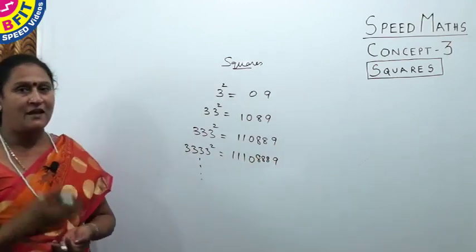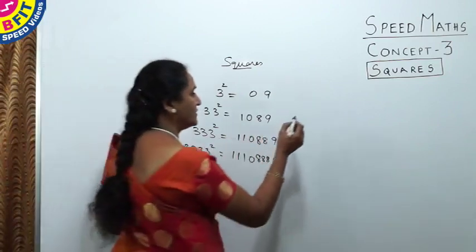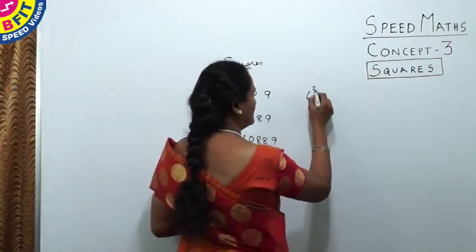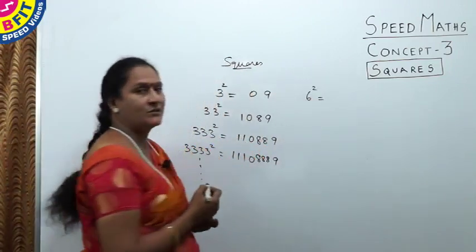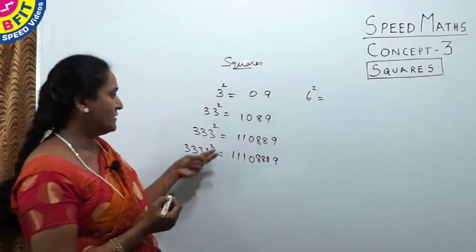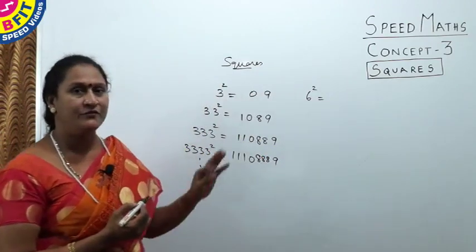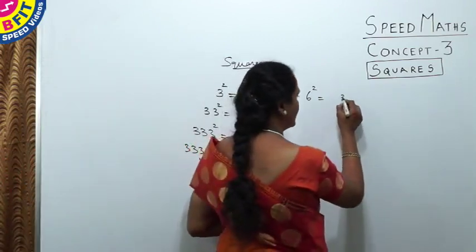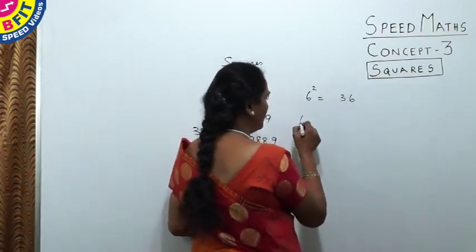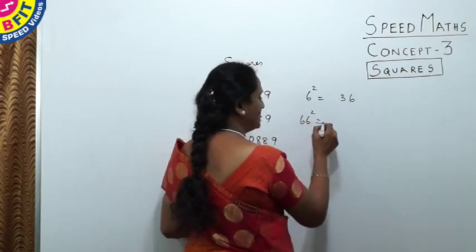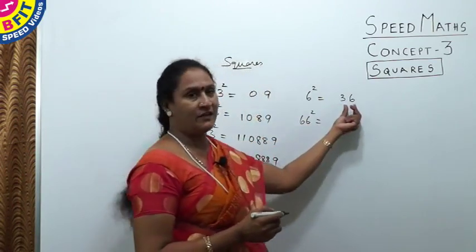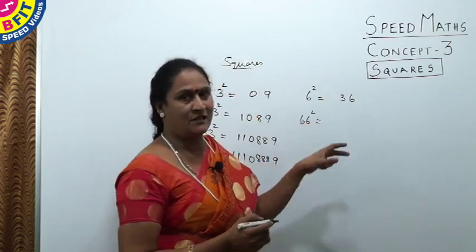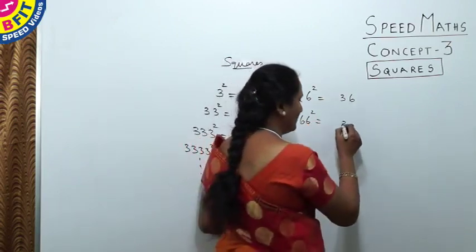Now for our next series, which starts with 6. What is 6 square? We can follow the series when they are in multiples of 3. 6 square is 36. Now to find the square of 66, in between this 3 and 6 we'll insert numbers.